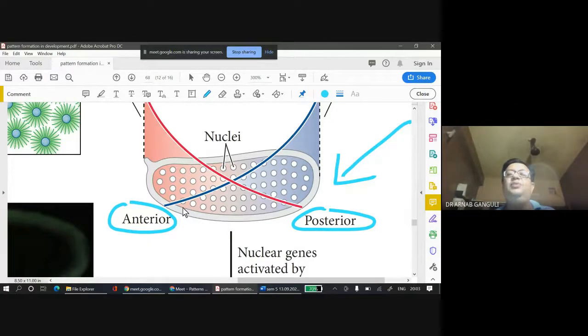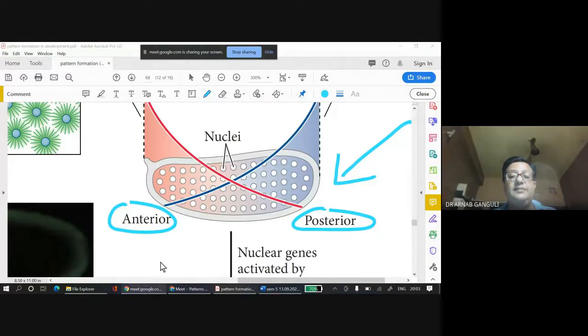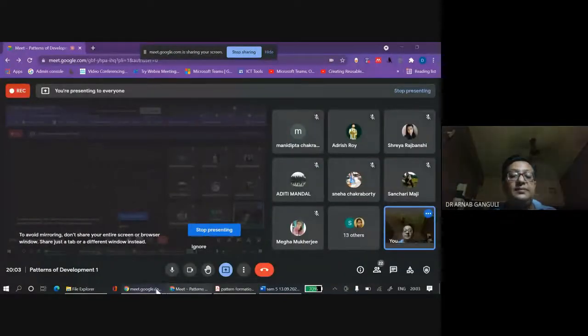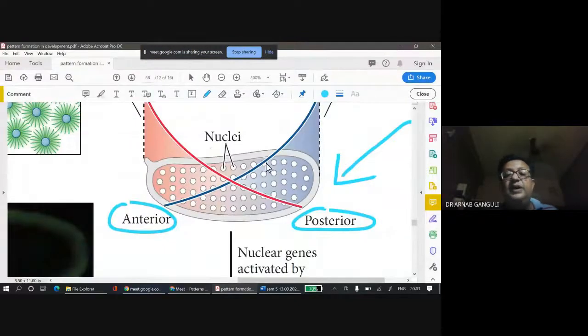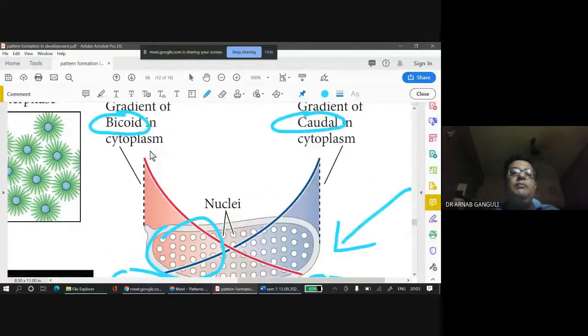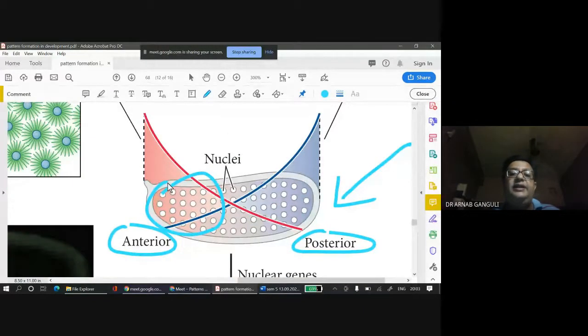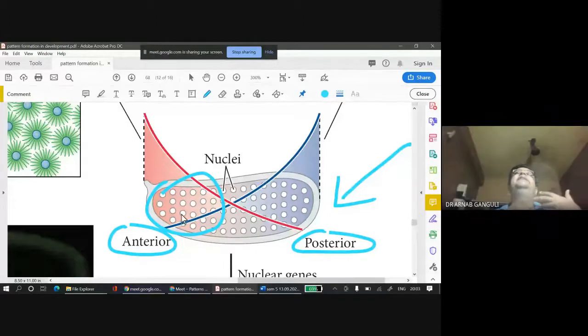These are transcription factors or determinants. So the genes in the nuclei in this region are exposed much more to bicoid, and they become specified for making the cells of the anterior end, like the head and all these things.